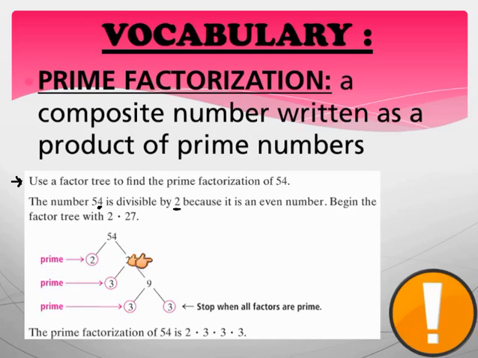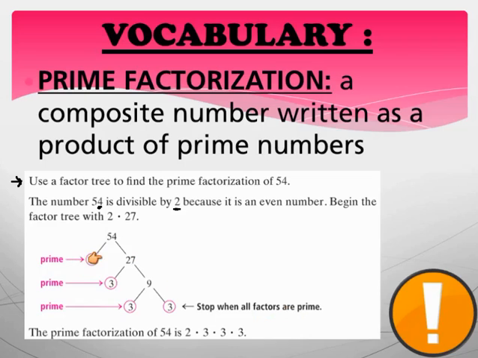We're going to continue that factor tree by dividing 27 by another prime number. Another prime number that's a factor of 27 is 3. When we divide 27 by 3, that equals 9. And then the two values that multiply to make 9 are 3 and 3. We're going to stop our factor tree when all of our factors are prime.